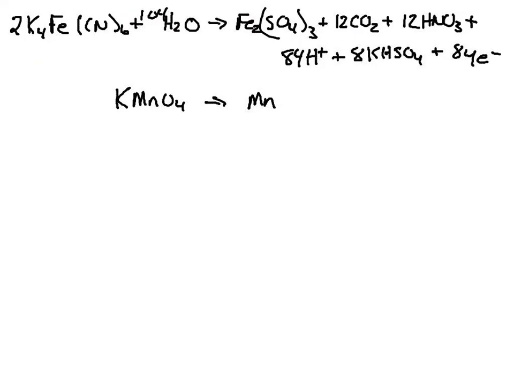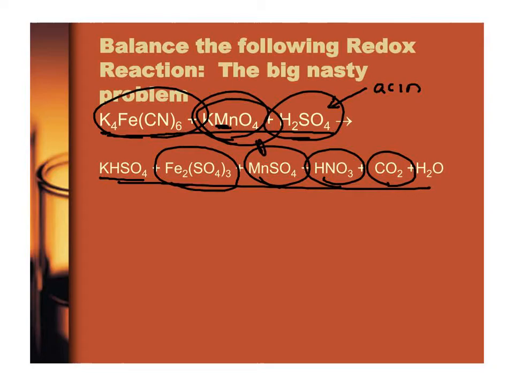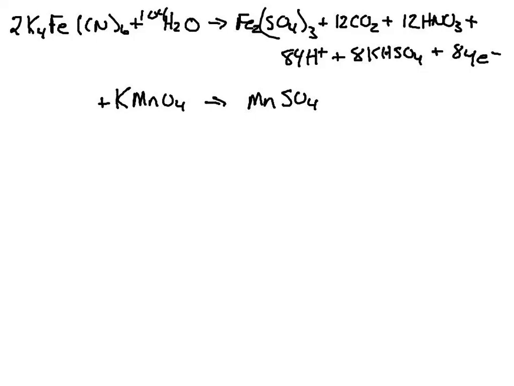SO4. Now, there was also sulfuric acid, and that was on this side of the reaction, right? Yeah, so I'm going to add H2SO4 on this side. Now we've got all the pieces and the parts, so let's now start the balancing in here.